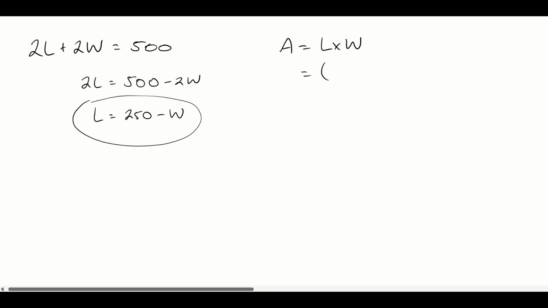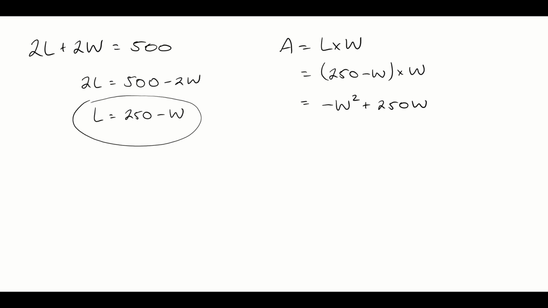So if I substitute that in for L multiplied by my width, and I expand these brackets out, I end up that the area is equal to negative W squared add 250W. And that's what my area is equal to strictly in terms of the width of my rectangle.